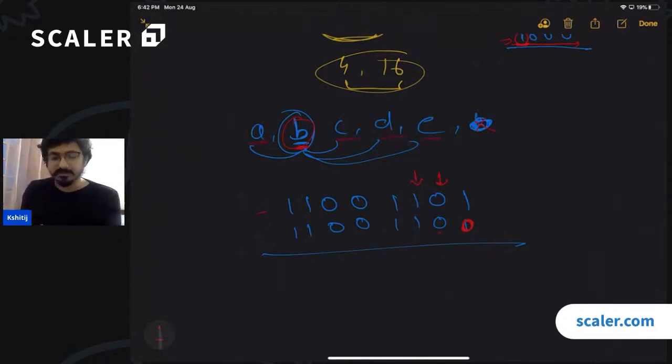Out of all these numbers, whichever number has the different bit on the rightmost side is going to give me the minimum XOR. Does this make sense?